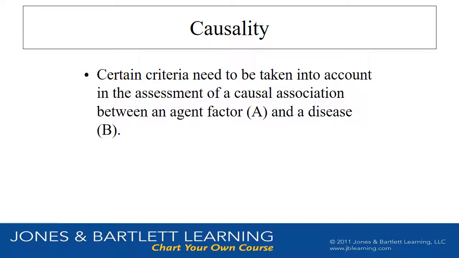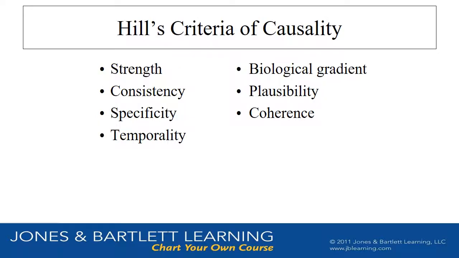It's very complicated, but one of the things that has been used are a series of criteria called Hill's causal criteria. Hill was a Surgeon General. He was looking at relationships between exposures and outcomes, and was intending to identify things we could use to evaluate if an exposure was causing a disease. There are a lot of criteria in his suggestions, but I will just highlight a couple of them.